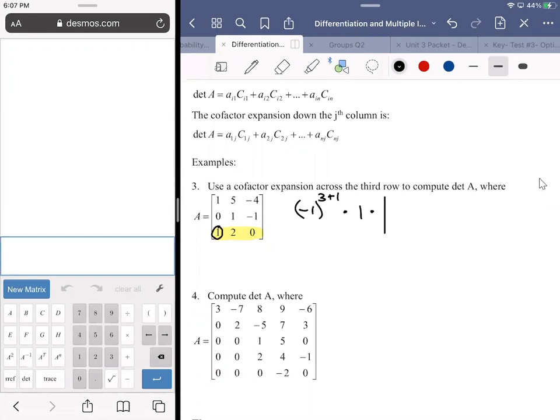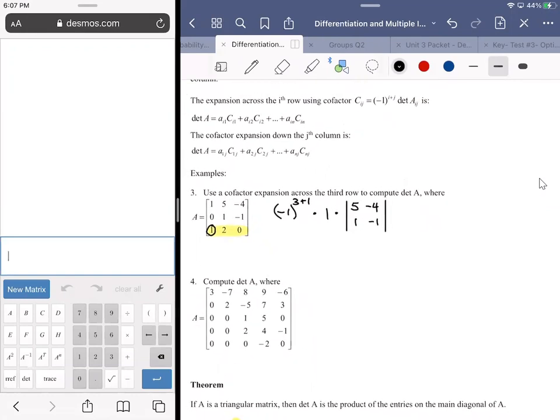All right, so I'm just going to write it. So 5, -4, 1, -1. So then, kind of looks nice.